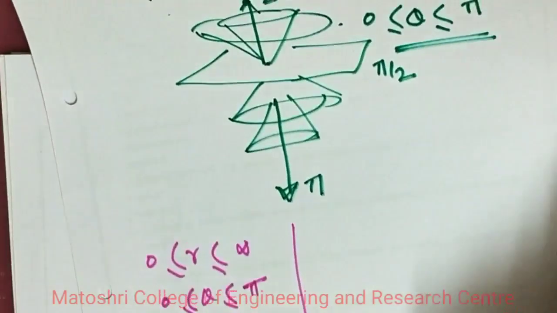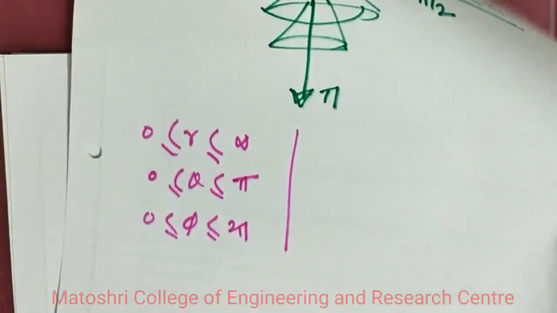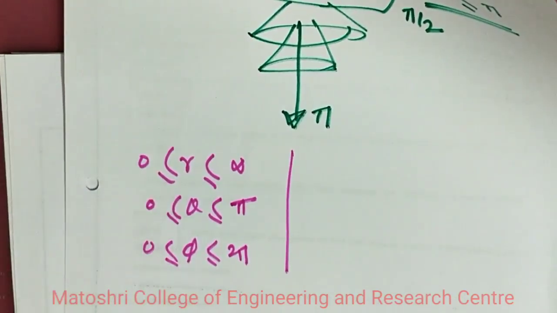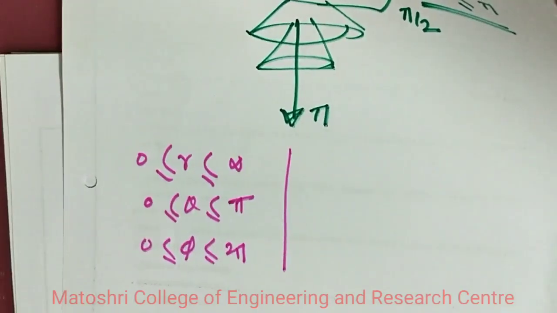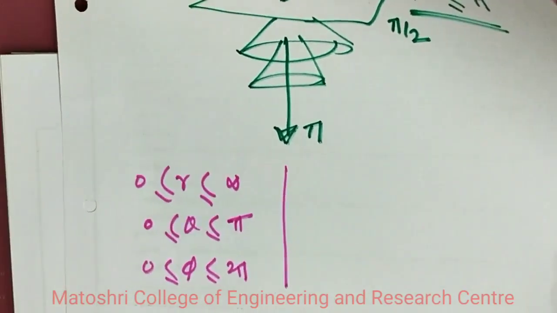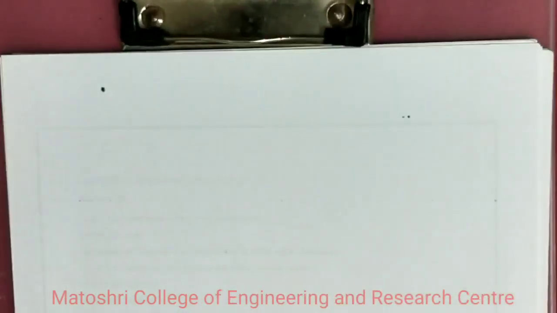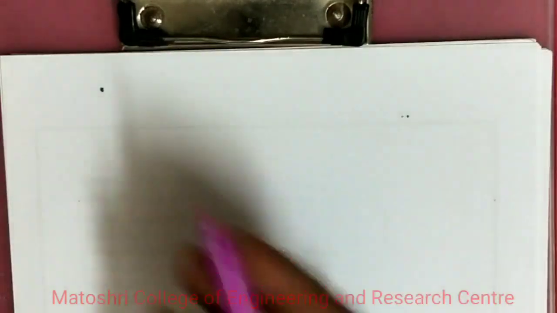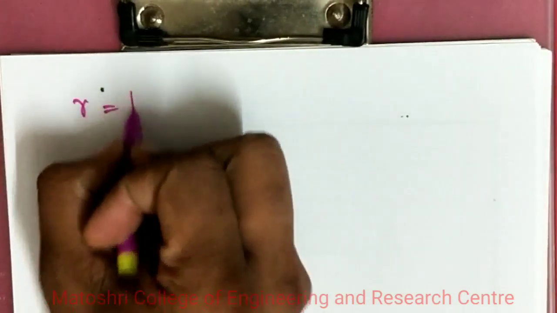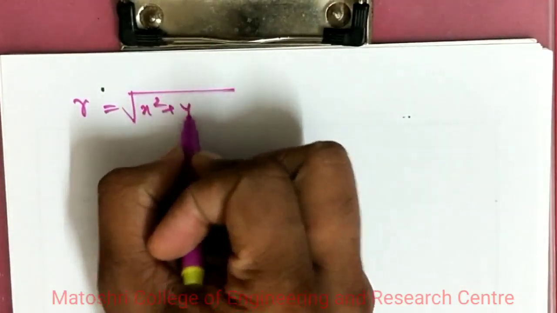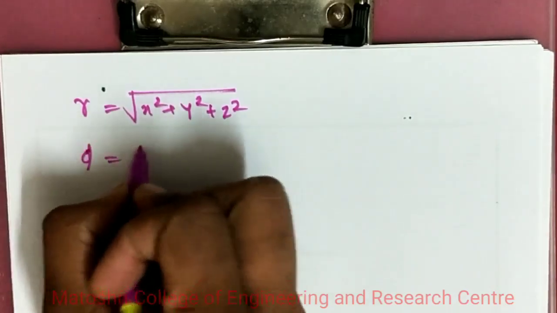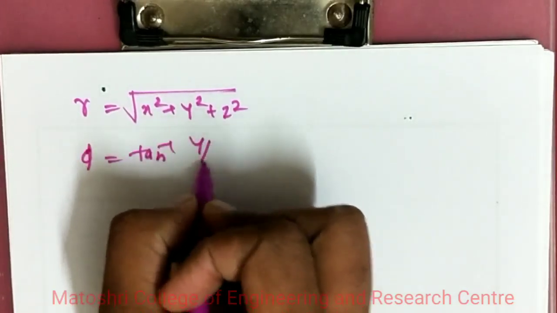Now further we will go through the conversion of coordinate system. Just now we have discussed how to obtain the spherical coordinates in terms of the Cartesian coordinates. I will summarize them here: r is square root of x square plus y square plus z square, then phi is tan inverse of y by x.